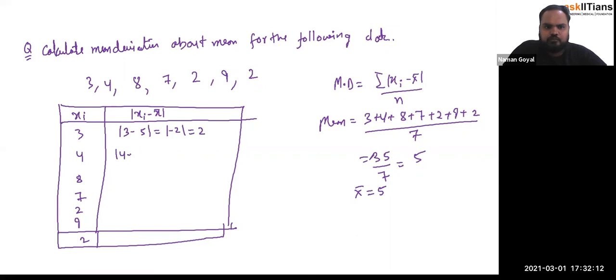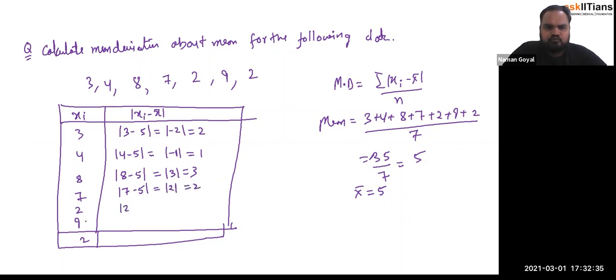Same, 4 minus 5 is mod of minus 1, which is 1. Mod of 8 minus 5 is mod of 3, which is 3. Same, 7 minus 5 is mod of 2, which is 2.